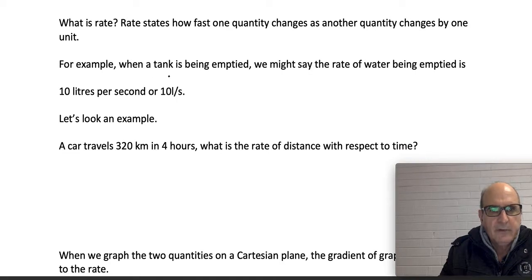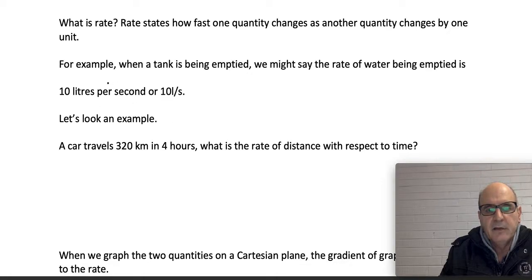For example, when a tank is being emptied, we might say the rate of water being emptied is 10 liters per second. So here we are talking about two quantities. One is the volume of water, which is given in liters.